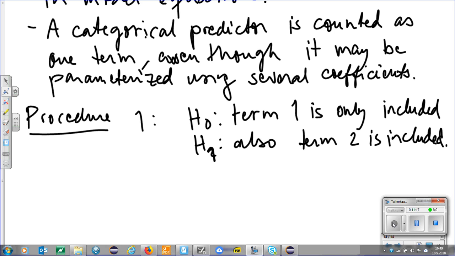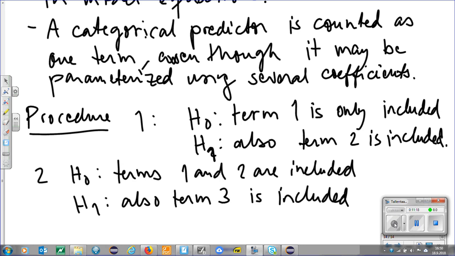And the second p-value and test is based on the null hypothesis where terms 1 and 2 are included, and in the full model we also have term 3, and so on. So this is how we increase the model, but in that case the full model is not always the same, it is the one that includes the additional term.